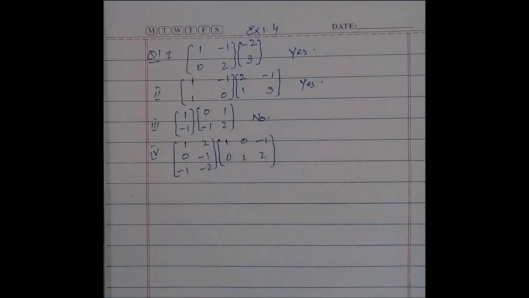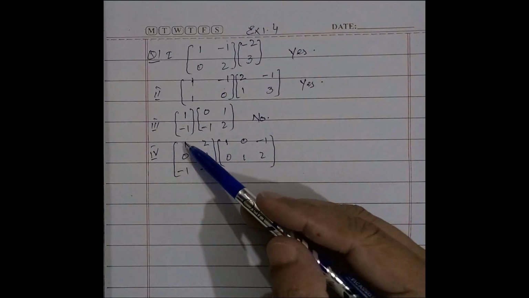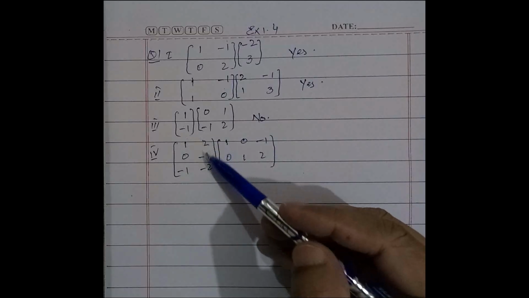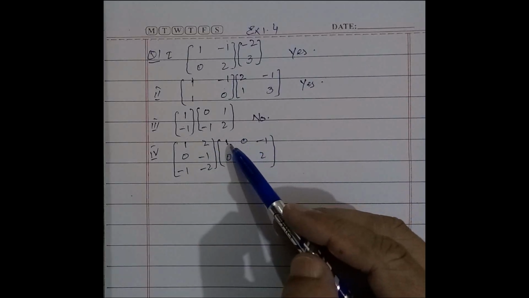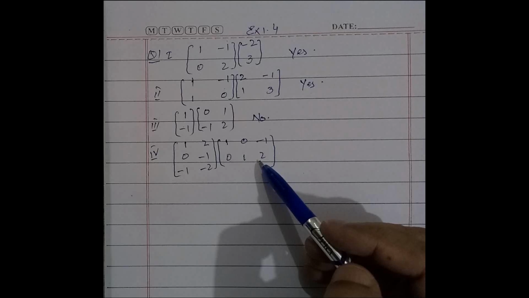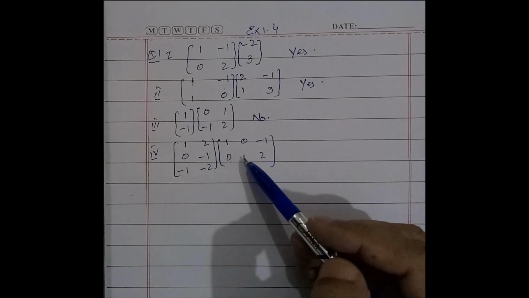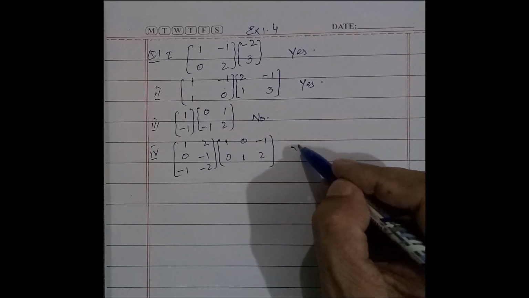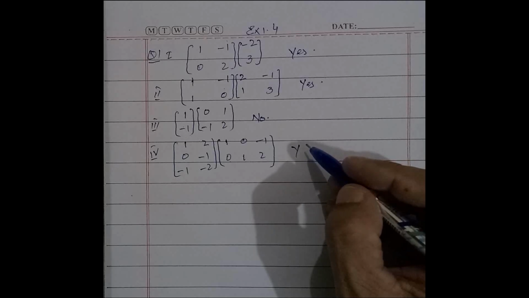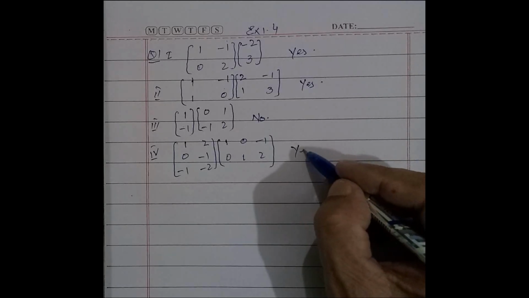The same method applies here. The number of columns of the first matrix is 2 and the number of rows of the second matrix is 2. They are equal, so they are conformable for the multiplication.